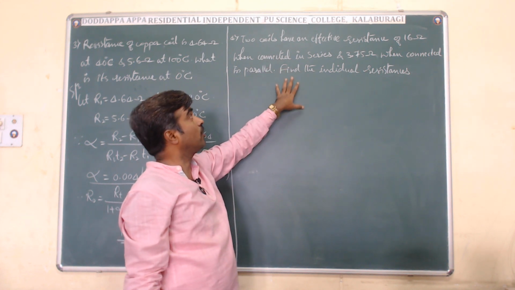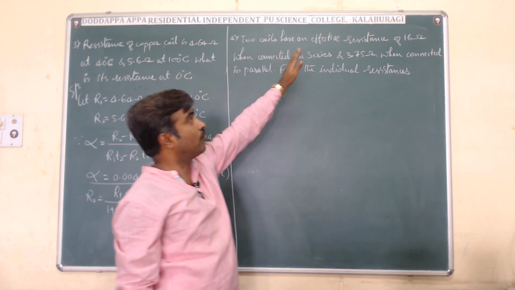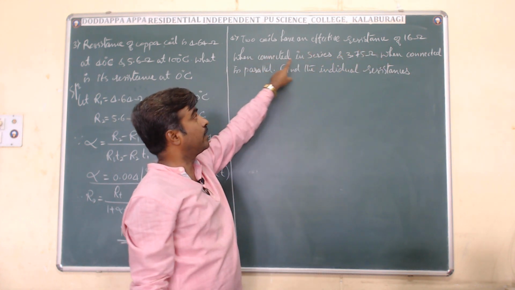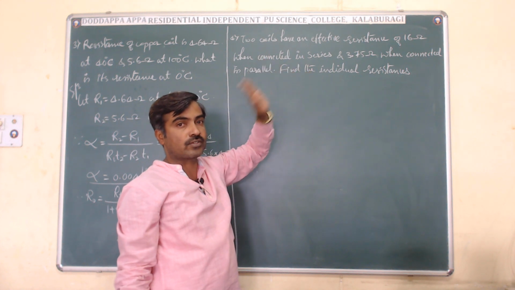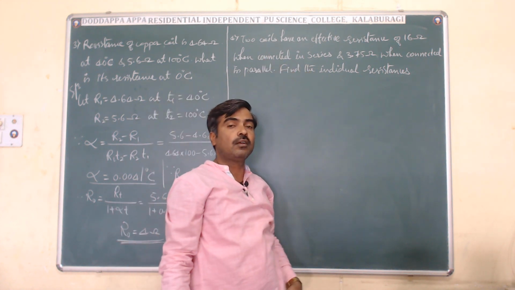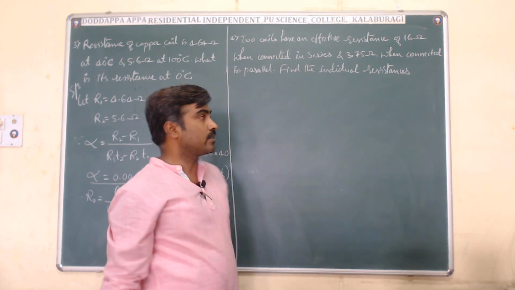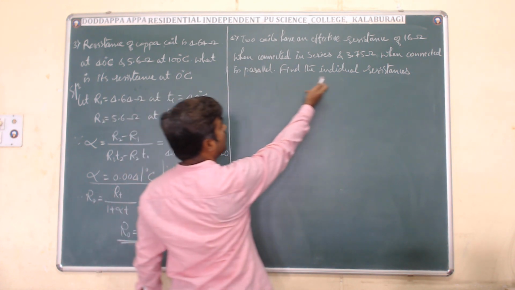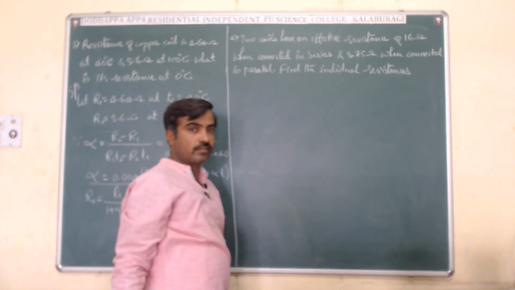In the question it is given that two coils have an effective resistance of 16 ohms when connected in series. Now once again we should recall the combination of resistances.